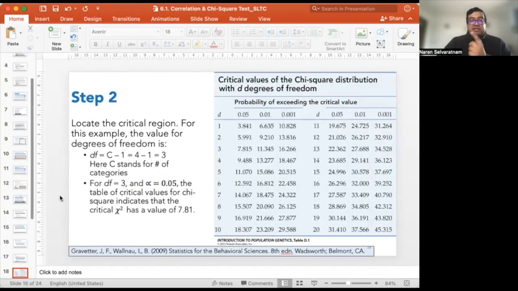Okay. Once we do that, our step 2 is to locate the critical point or the cutoff region. Here, unlike Pearson correlation, where degrees of freedom is n minus 2, it is actually C minus 1. C means how many categories you have. Here we have 4 categories, remember. So C minus 1 is 3.